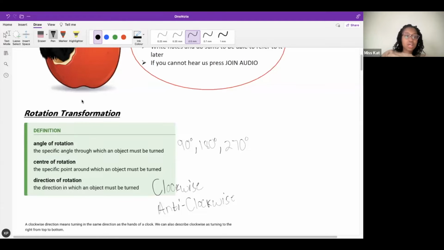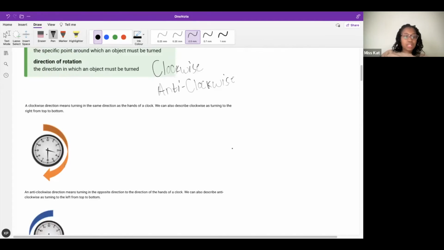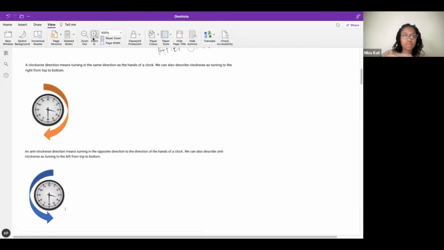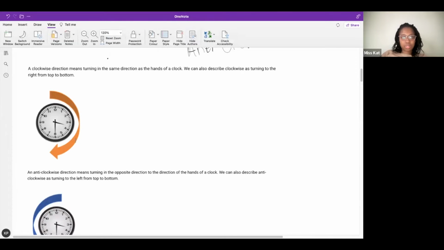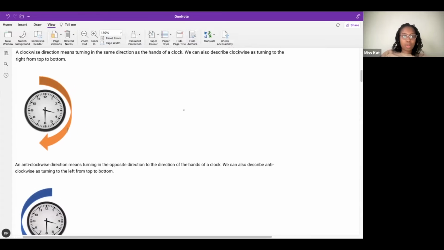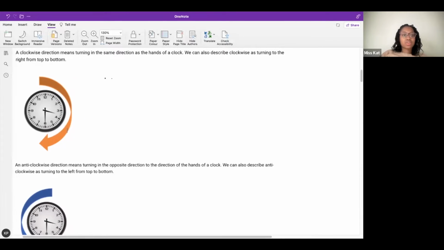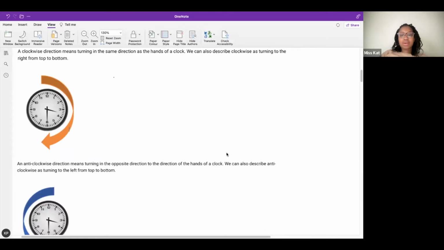This is the difference between clockwise and anti-clockwise. Let's zoom in a little bit, we're looking a little bit small. If we say we're rotating a shape in the clockwise direction, it means in the same direction as the hands of a clock.